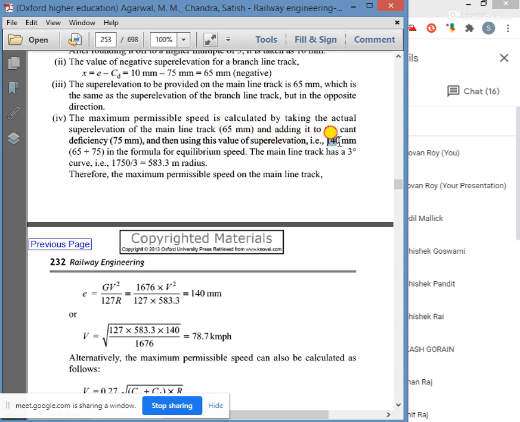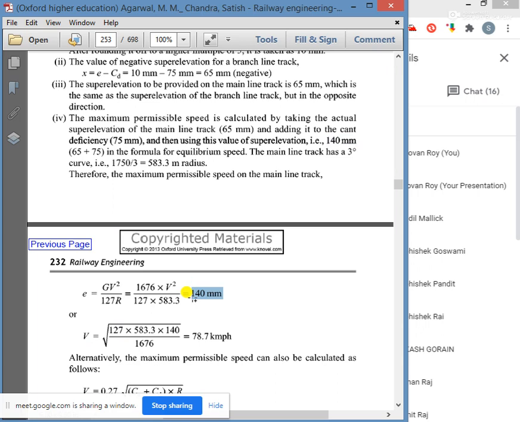To calculate the speed on this track, you need to take this superelevation value of 140, which is 65 plus 75. So with 127 and the R value for the 3 degree curve, the V value that comes out is 78.7 kilometer per hour for this 140 mm superelevation.